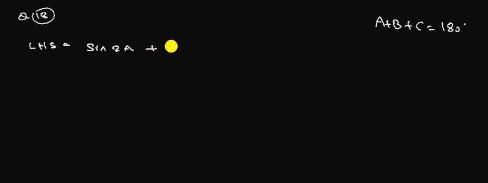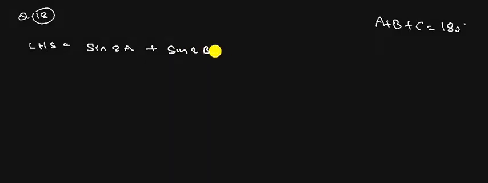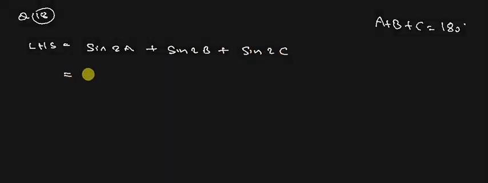The LHS is sin 2a plus sin 2b plus sin 2c. Okay. First thing, you have to assume this entire quantity is c, and this is d, right?